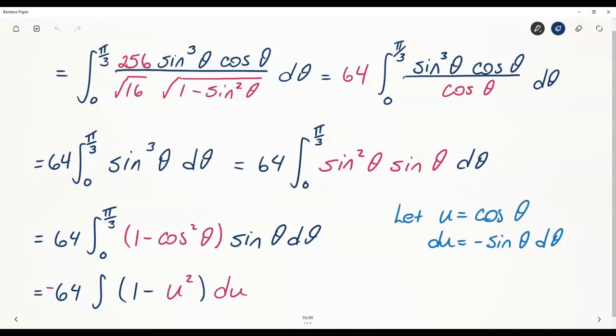I could, if I wanted to, change the limits from theta to u. I'm not going to do that here. I end up substituting back in what u stood for. So I'm going to keep the limits for theta, but I'm not writing them here because to put 0 to pi over 3 in terms of u is wrong.